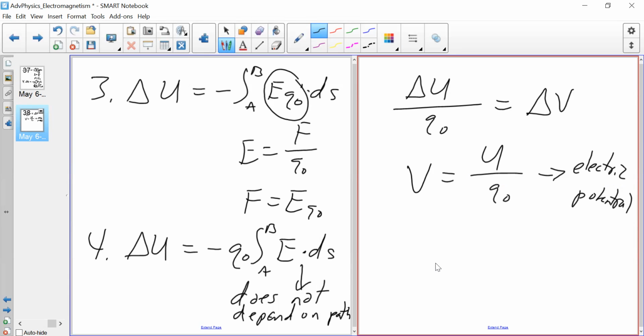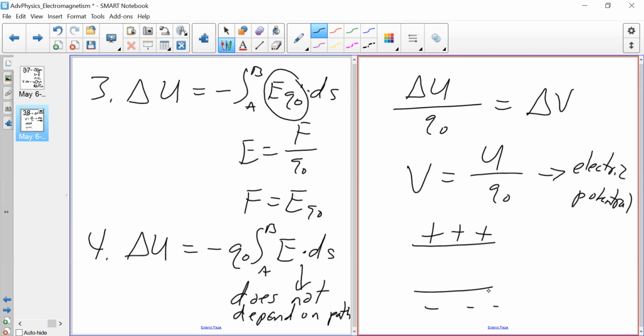Energy per charge is electric potential. This value depends on the source charge distribution, if it's positive, negative. So this potential is going to be this quantity, but it's going to be uniform throughout this entire region for electric potential.